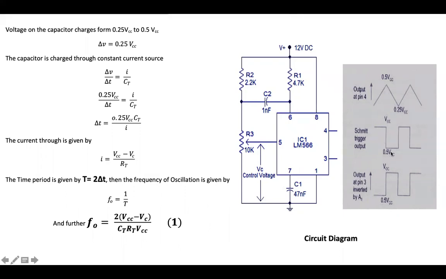And the Schmitt trigger output, the highest point is going to be VCC, and the lowest point is going to be half of your VCC. So say if it's about 5 volts, then 2.5 is going to be the lowest point of the Schmitt trigger output. And the same thing is actually employed here for the output at pin number 3.